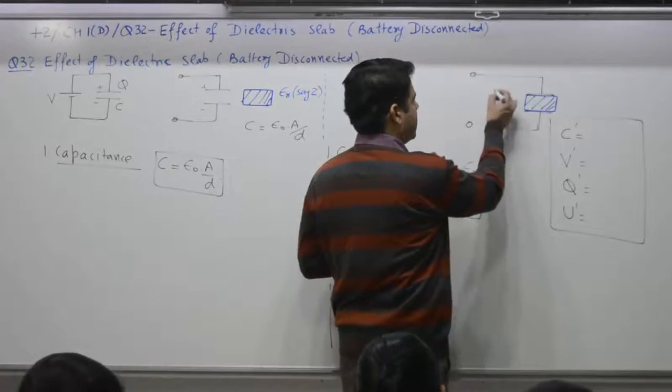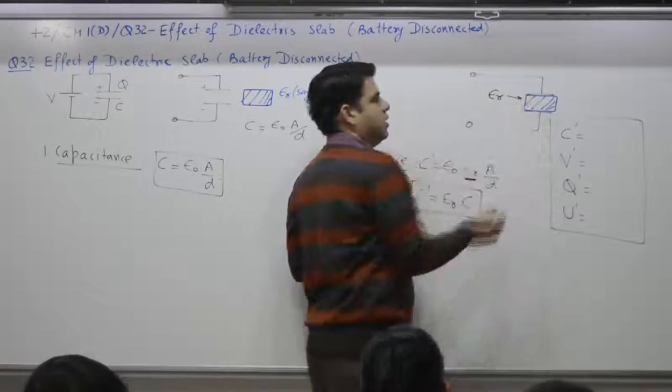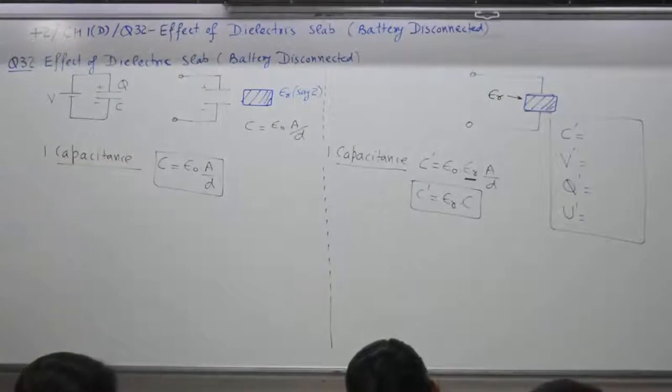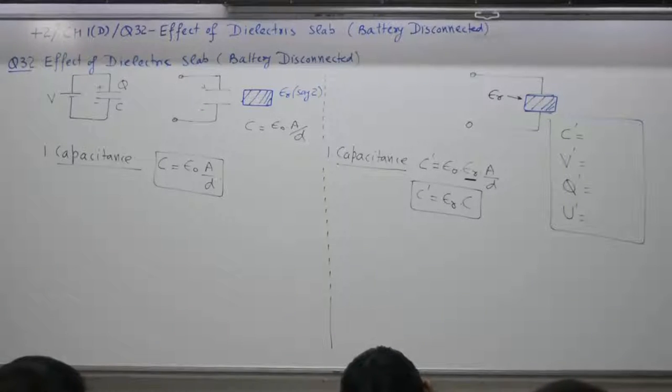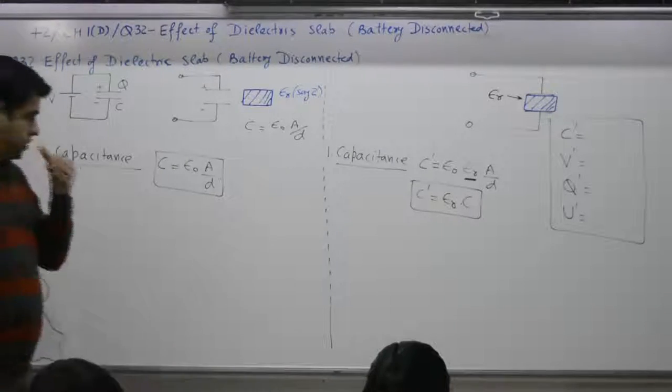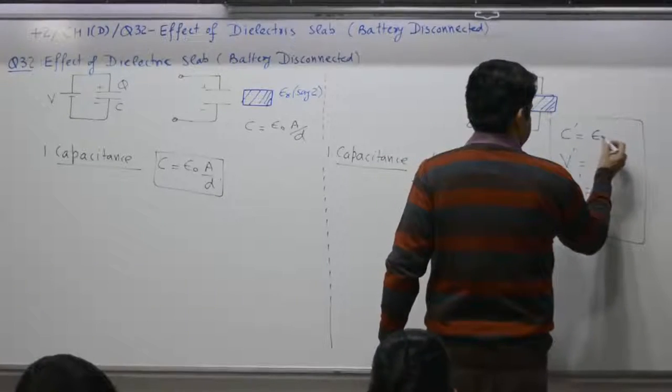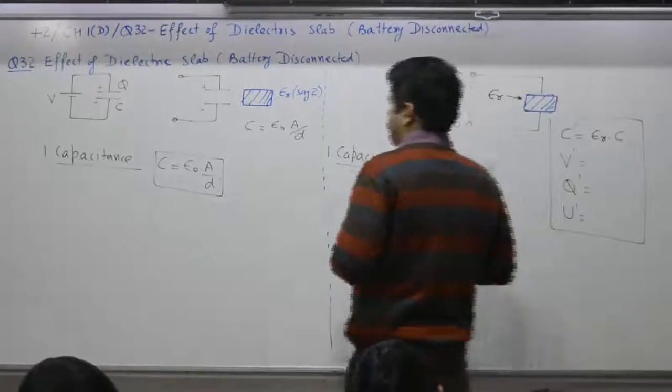Epsilon R. That is why capacitance increases. Same result as in the previous question, because capacitance does not depend on applied voltage. So capacitance is epsilon R times.